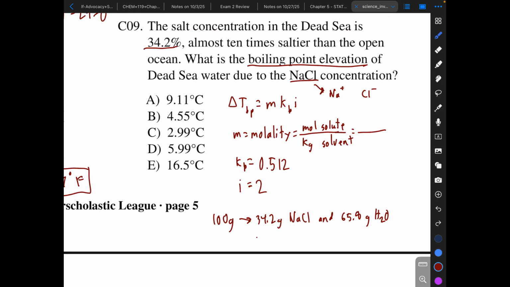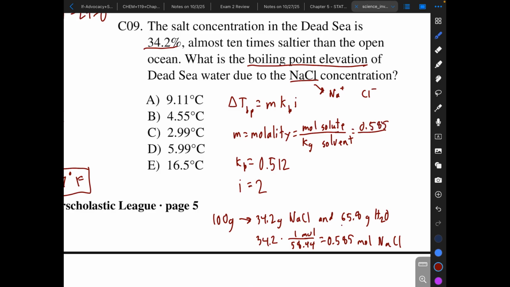So 34.2 grams of NaCl, converting that to moles, you can get the molar masses of sodium and chloride on the periodic table. So 34.2 grams of sodium chloride is 0.585 moles of sodium chloride.